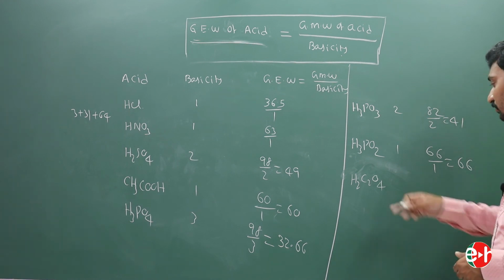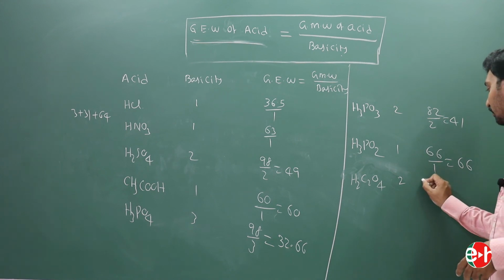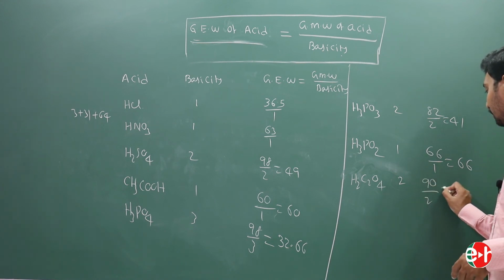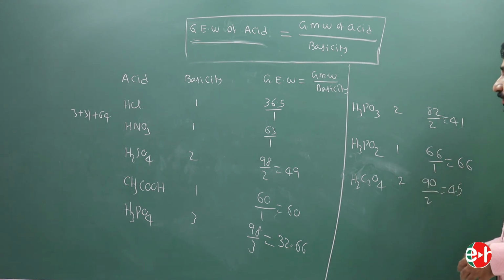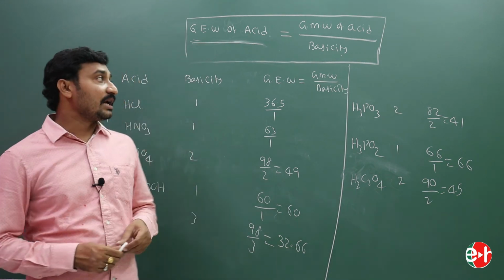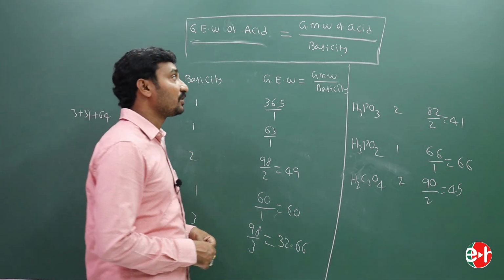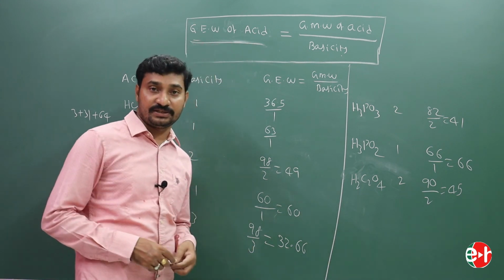Here 2 replaceable hydrogens, basicity 2, molecular weight 90 by 2, that is equal to 45. So this is the formula for gram equivalent weight of an acid: gram equivalent weight of an acid is equal to gram molecular weight of the acid by basicity. Got it?